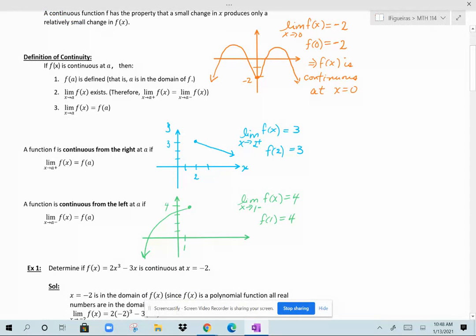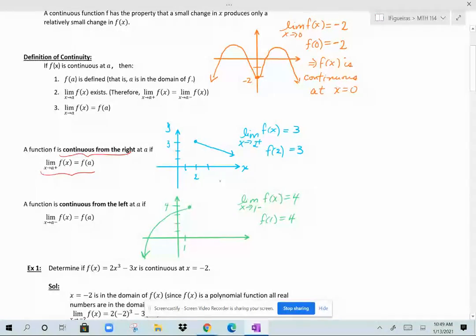So you can have a graph that is considered to be continuous from only one side. If it's continuous from the right at a, then the right-hand limit and the function value are equal. Sometimes that occurs where it's not continuous at a itself, but it could be continuous from one side.